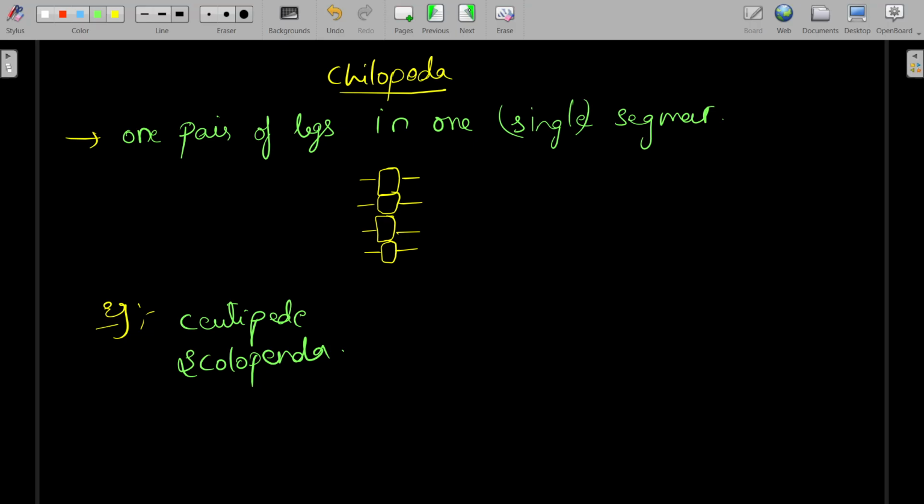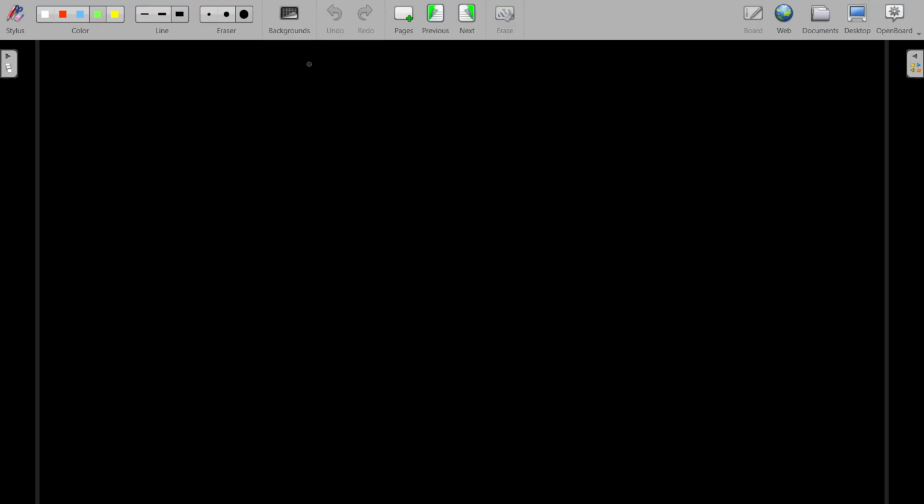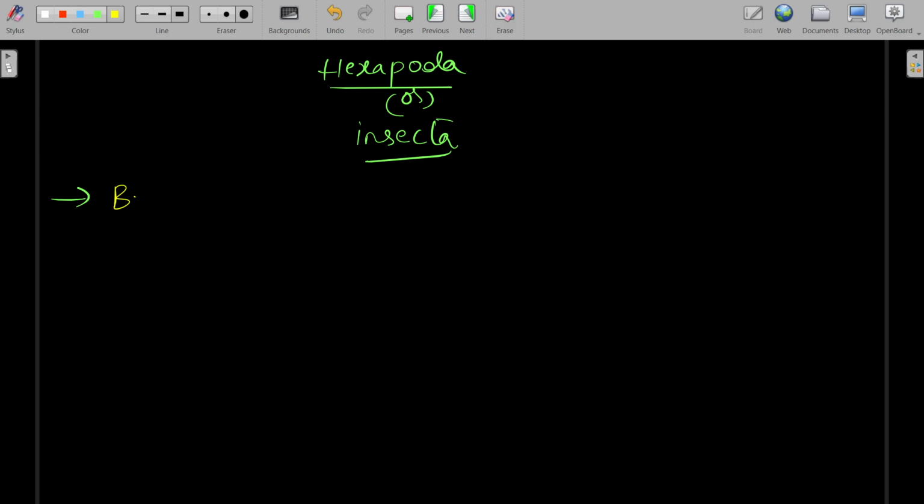Okay. Next, coming to the sixth class of Arthropoda, Hexapoda or Insecta. These have a body which is divided into three parts: head, thorax and abdomen.